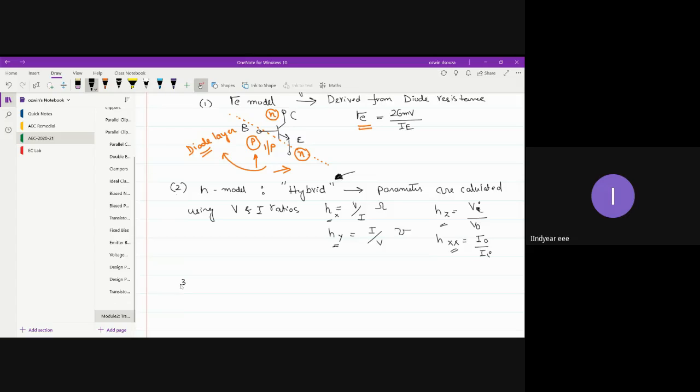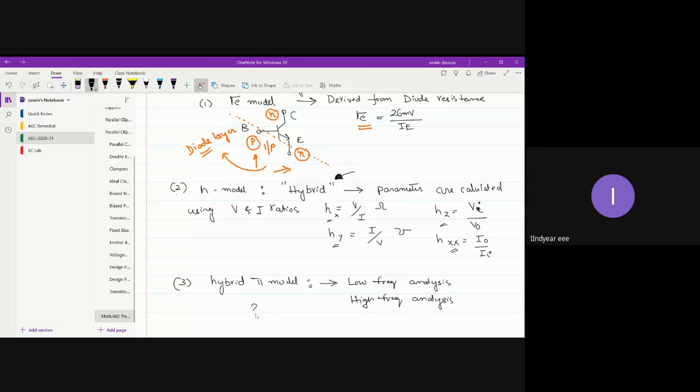Then finally we have something known as the hybrid pi model. As I was mentioning, this hybrid pi model is used for low frequency analysis as well as high frequency analysis.